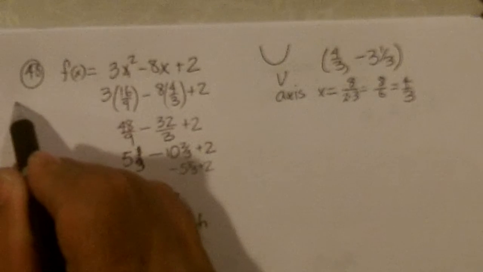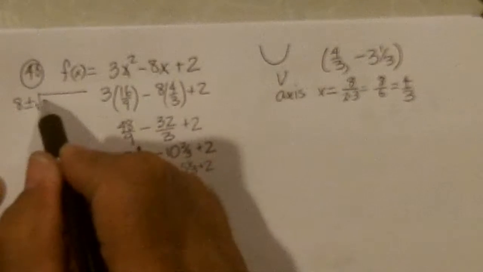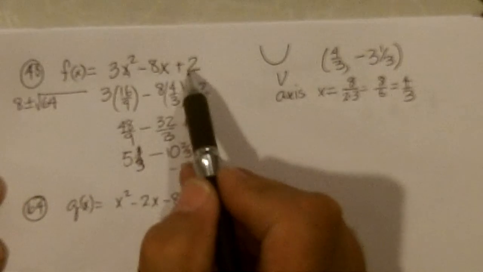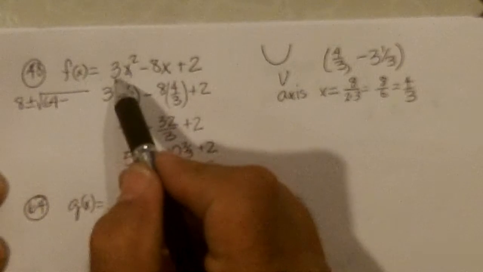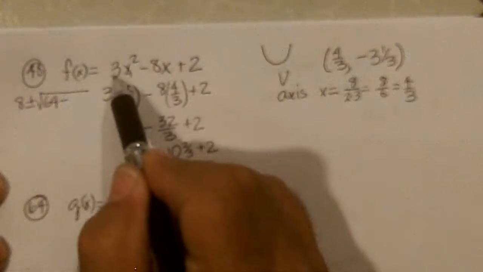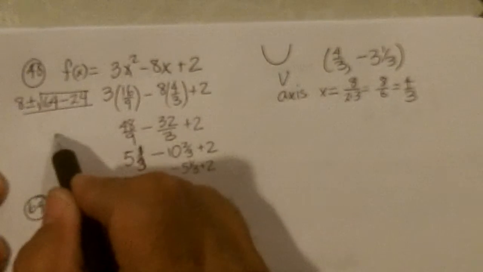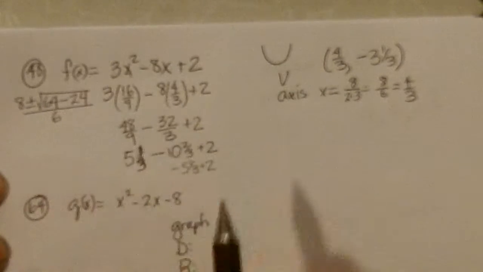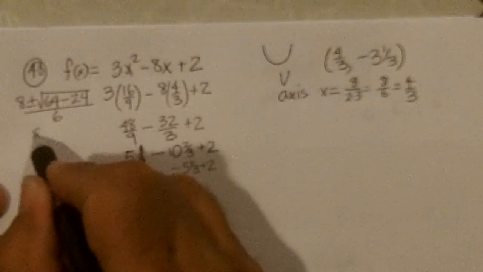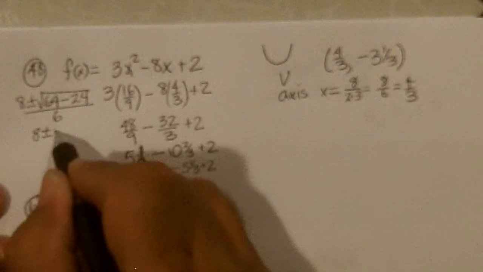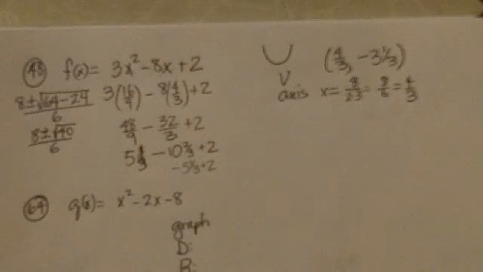The opposite of b plus or minus the square root of b squared, so that'd be 64, minus 4 times 2, positive times positive, that's going to be minus. 2 times 4 is 8, times 3 is 24. 64 minus 24 over 2a, which is 6. So 64 minus 24 is 40. So I got 8 plus or minus square root of 40 over 6. I can reduce that, but I'm not going to worry about it.